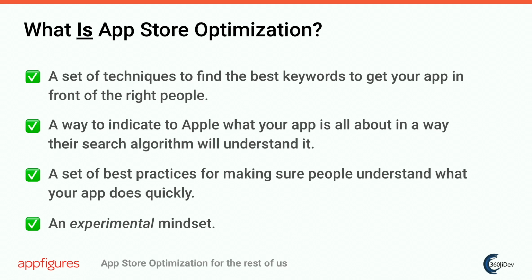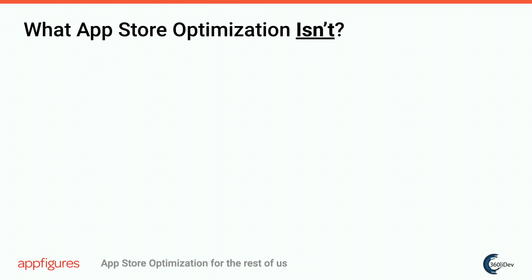But it isn't. Now, what App Store optimization isn't is a slide that I came up with today after hearing objections from people here yesterday and today who told me why they don't do ASO or why they haven't looked at ASO. And I'm going to go between App Store optimization and ASO. I use them the same way, it's just an acronym.